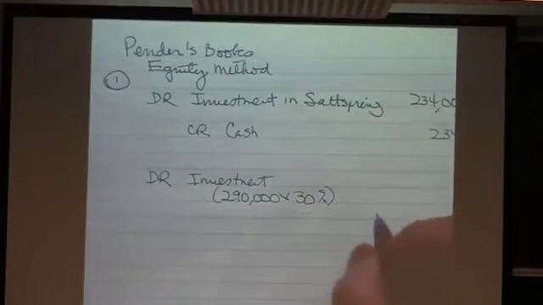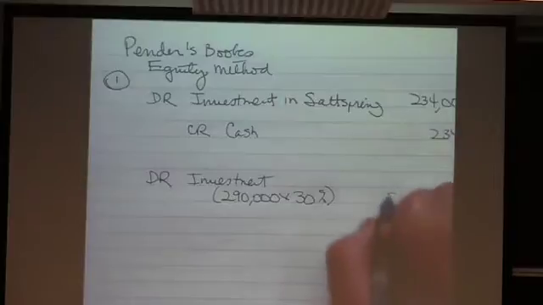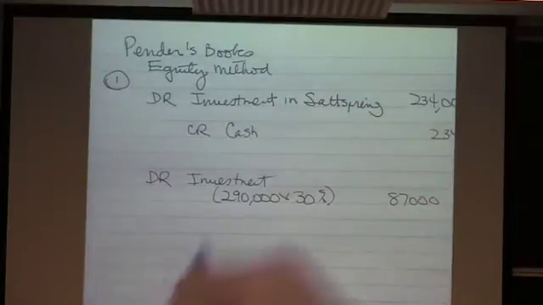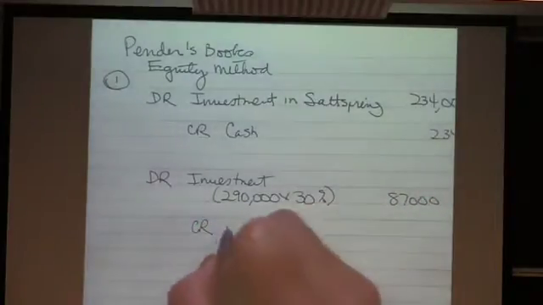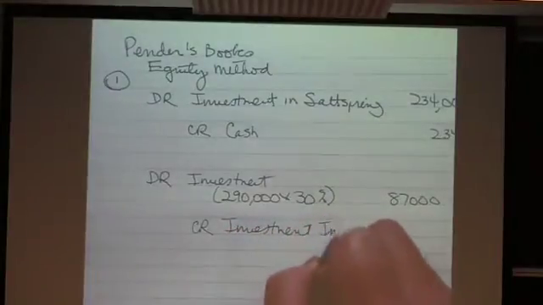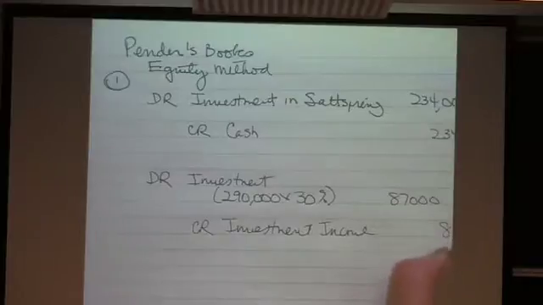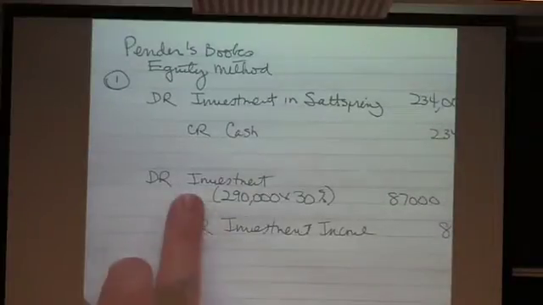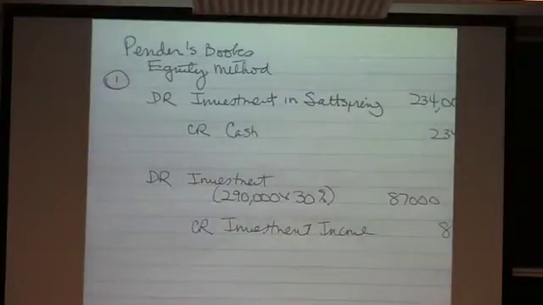It's going to be $87,000. And we're going to credit investment income. This is the equity method. We're going to pick up our share of Salt Springs' income. Pender will pick up our share of Salt Springs' income at 30%.